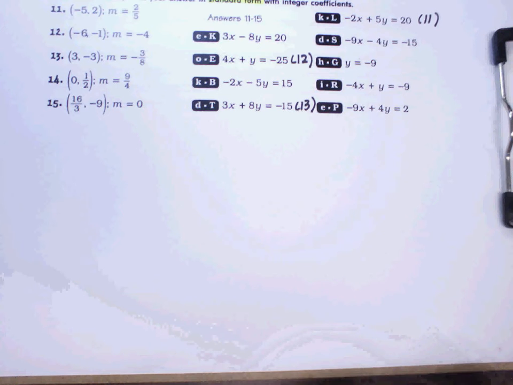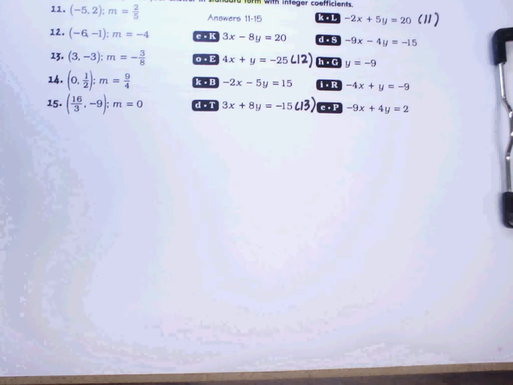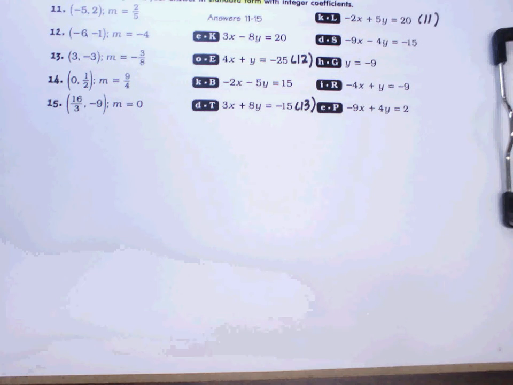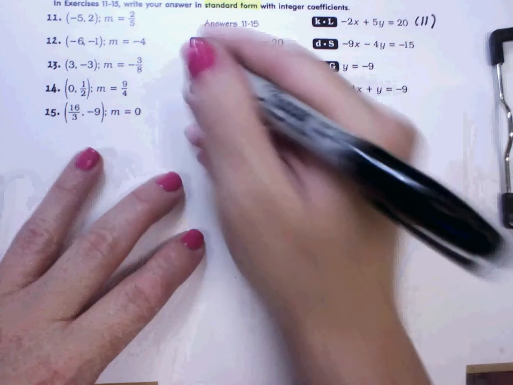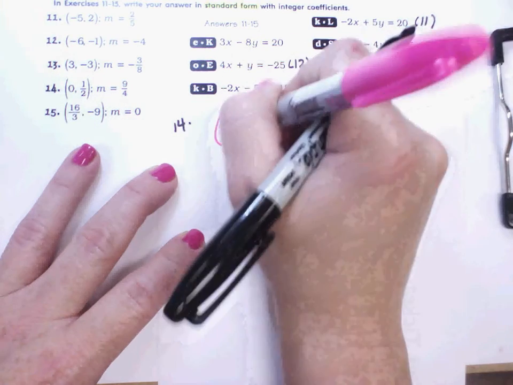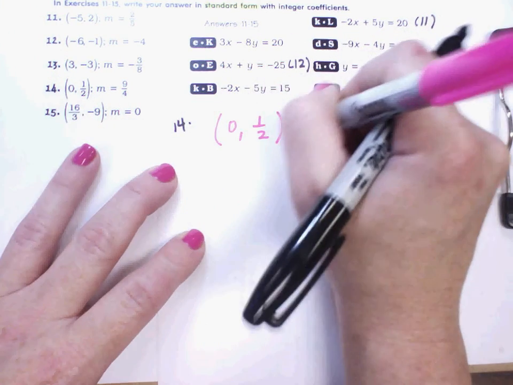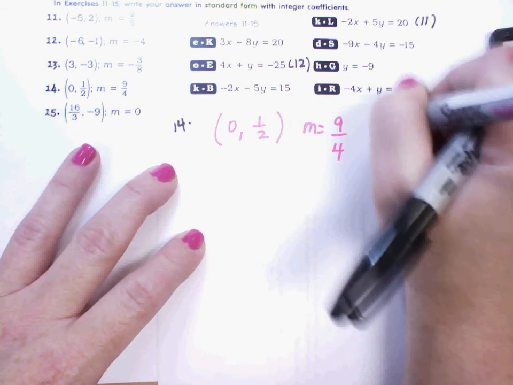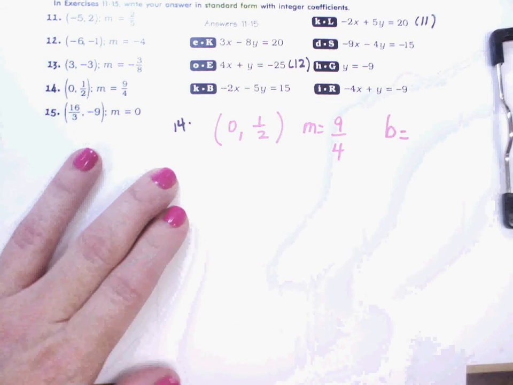All right, let's go to number 14. We got two more and we're done. All right, so for 14, I got 0 and 1/2, and m equals 9/4. So the first thing is that I need to find b.